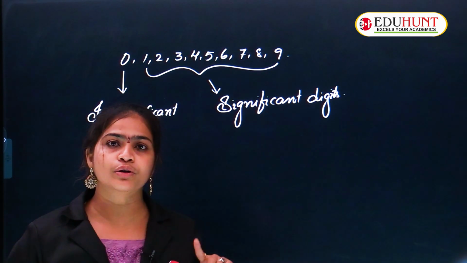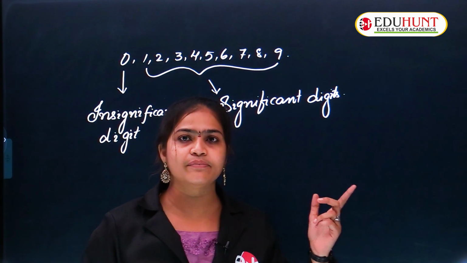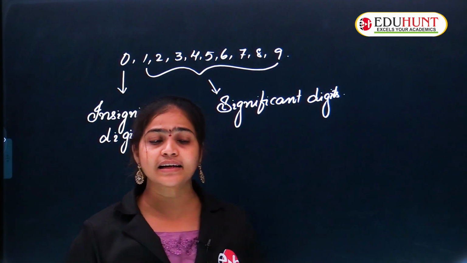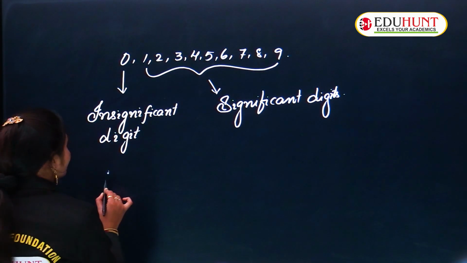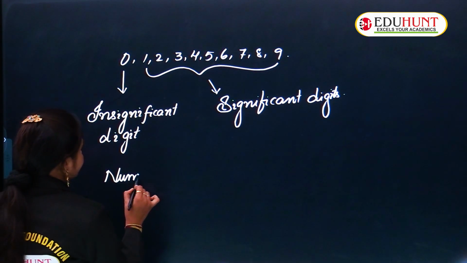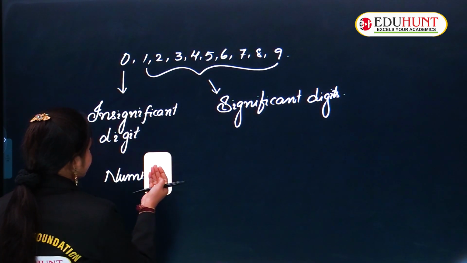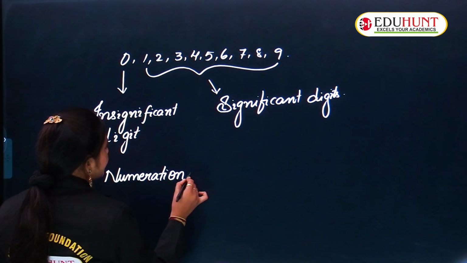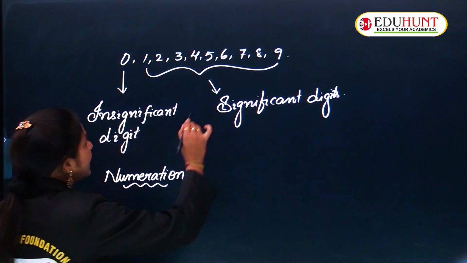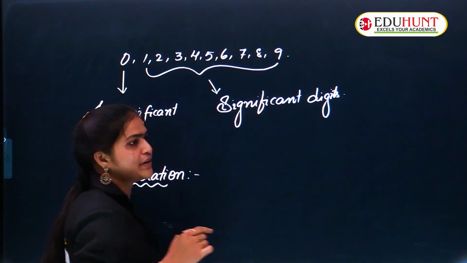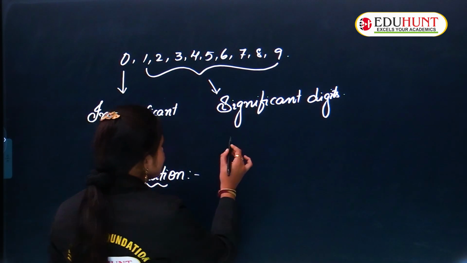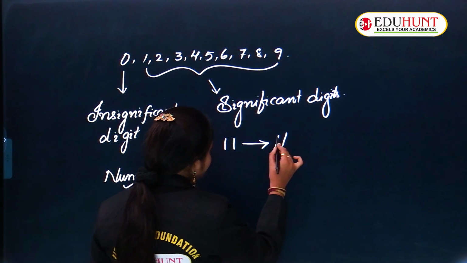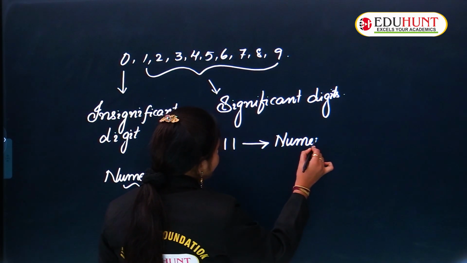And I told you notation and number, and in the same way numeral. Okay, now numeration is there. What about numeration? Children, by using these symbols we can frame any number. So I am writing here 11. This is called a notation or a number or a numeral.